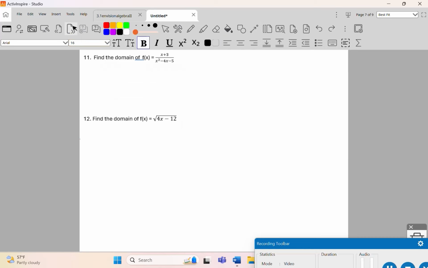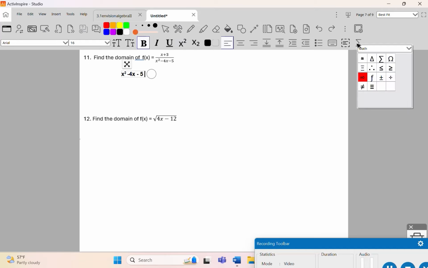That's an easy question. Find the domain of this guy. What we're going to do is think about where the denominator is not 0. X to the second minus 4x minus 5 cannot be 0. I don't know why that's over there, but whatever.